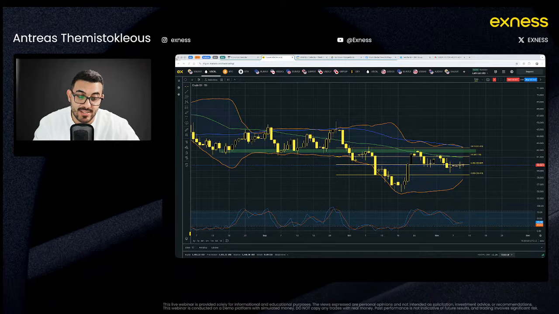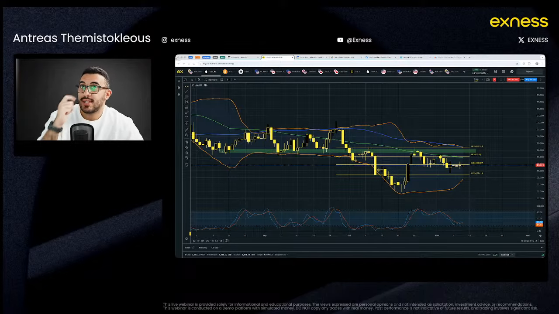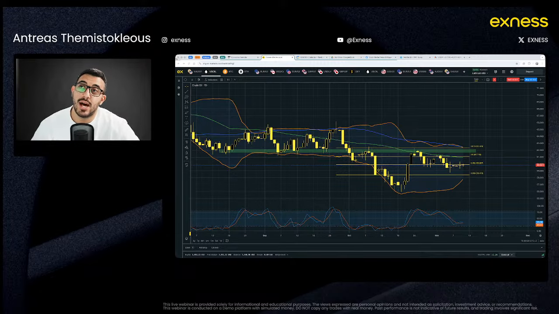Again, unless we see any interesting piece of data after the US government shutdown, where we will have a new catalyst come into play. Probably we see the Fed probability rates shifting. If that happens, then most probably we're going to see volatility building up and spikes happening on both gold and Bitcoin.